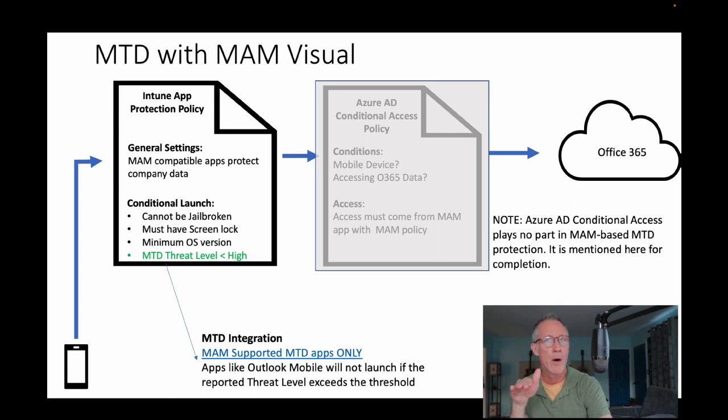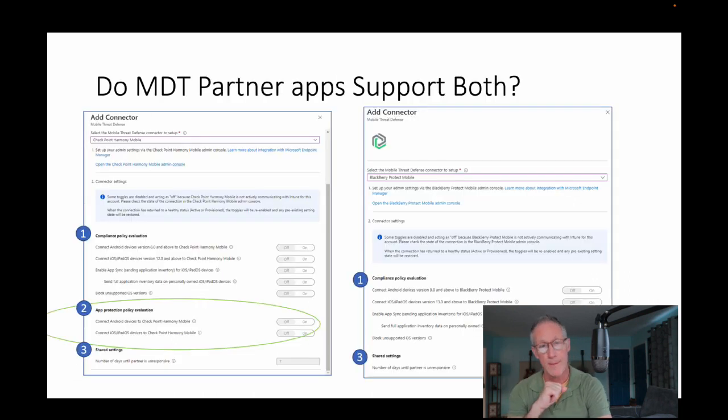Got to have a minimum OS version. All these things can be reported back through the MAM channel. And then your MDT threat level, again, must be under a certain threshold. We don't use conditional access in the MAM channel. That's why I have it grayed out. We don't use it. We use conditional launch. These apps will not launch if the MDT threat level is over a certain threshold. That's just how MAM works.